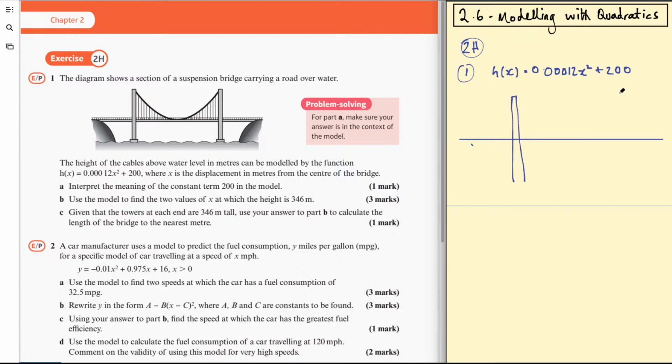Here's my pillars, and here's my cable. Anyways, and these are my cables suspending the road, I guess.